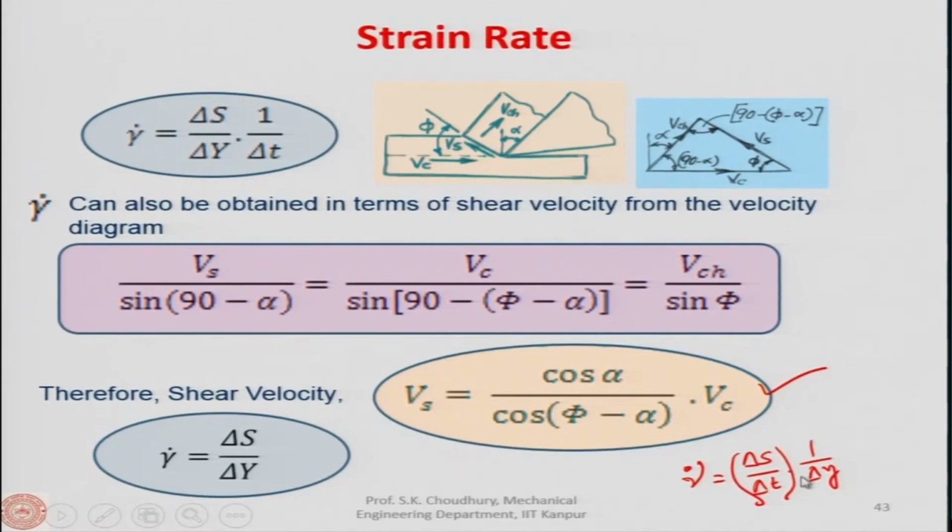So, for any given layer thickness, delta S by delta t will define the strain rate. Here we have the 1 by delta t, and this can be equivalent to delta S by delta t into 1 by delta y.